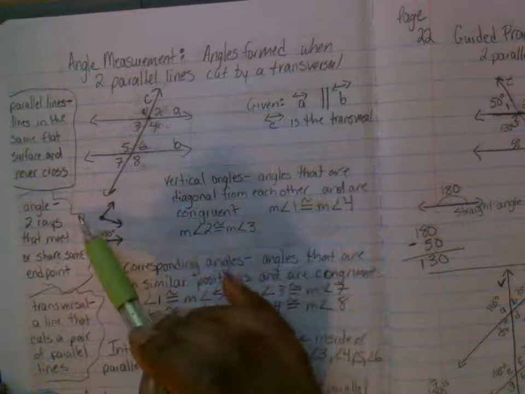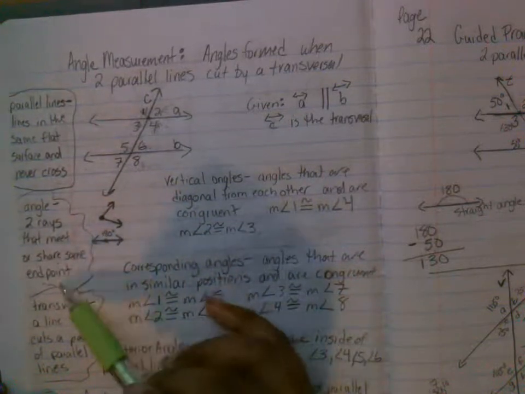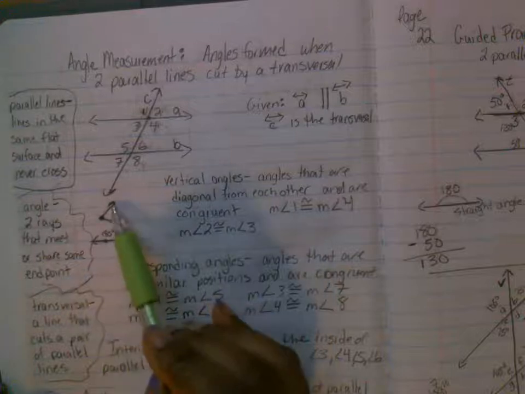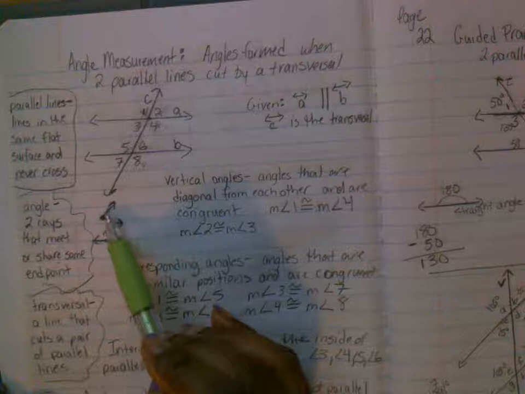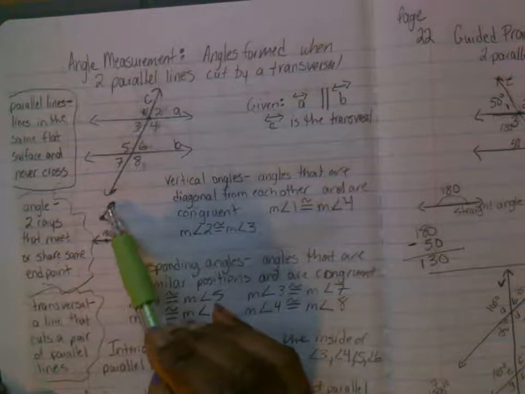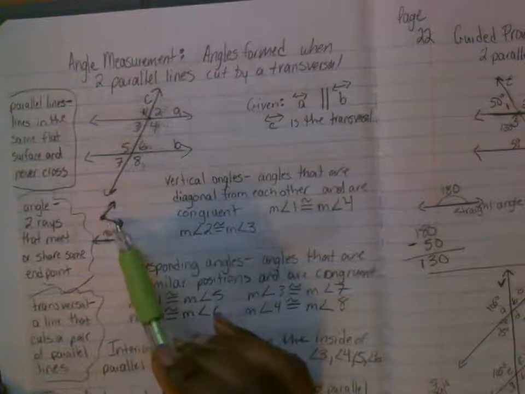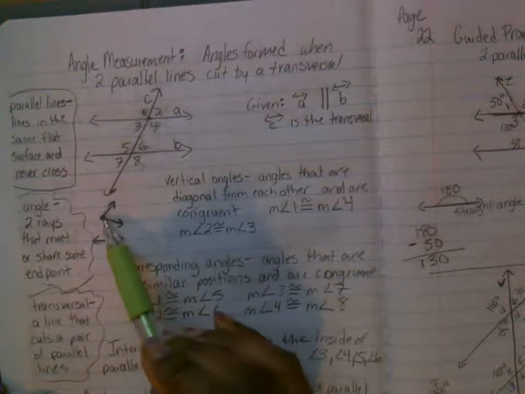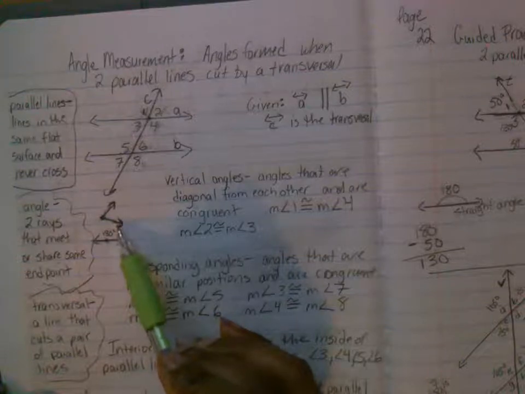An angle, by definition, is 2 rays that meet or share the same endpoint. So this is an example of an angle where you have this part of the line called a ray, where you have an endpoint and an arrow that extends indefinitely in the opposite direction. This part of the angle is another ray, where you have an endpoint and an arrow that extends indefinitely in the opposite direction.